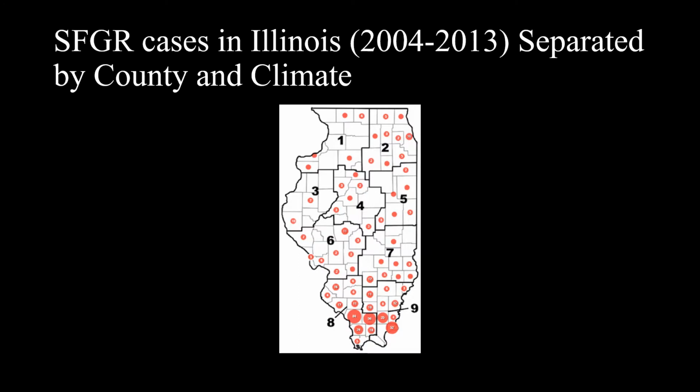So the number of ticks and the habitat range of these ticks increased greatly. And with that, that brought an increase in the incident rates of spotted fever throughout not only Illinois, but a large portion of the Midwest.